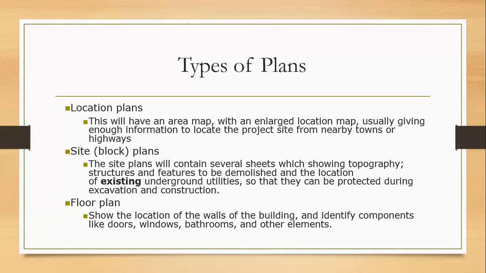And it will also have information that shows the location of existing underground utilities, like, let's say, your water pipelines, etc. This information would be necessary so that when you begin construction, you will know where these facilities are located, so that if you have to do things like excavation and construction, you would not damage people's pipelines and their resources, right?